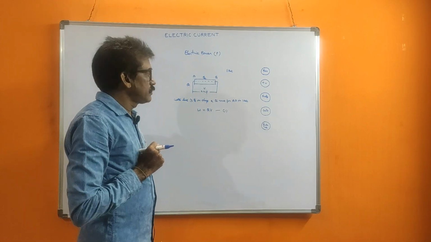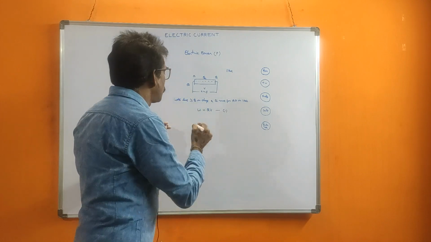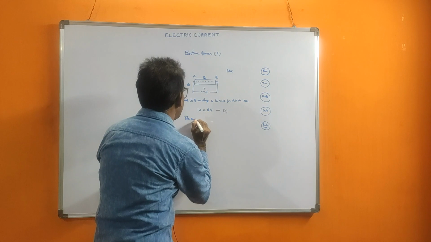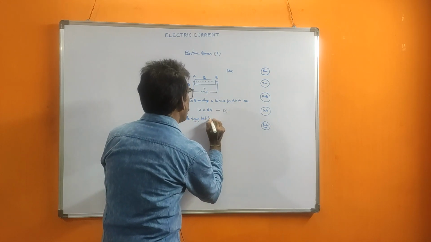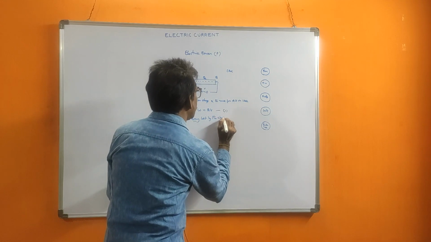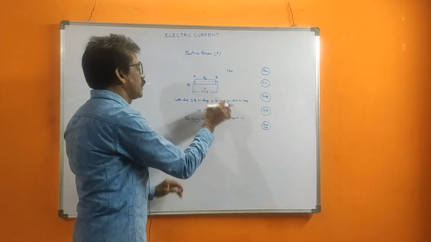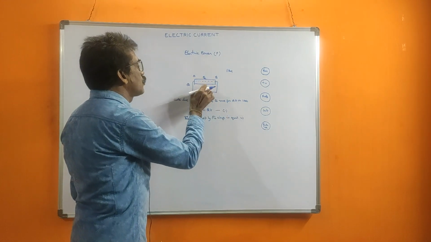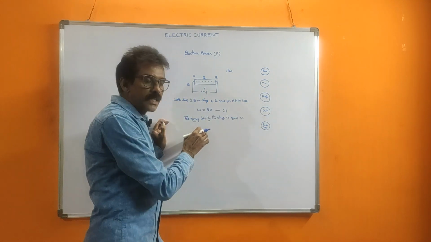So that means the energy lost by the charge is equal to this W. Because this work is being done, the electric field is doing some work, and because of that work, some energy is lost.